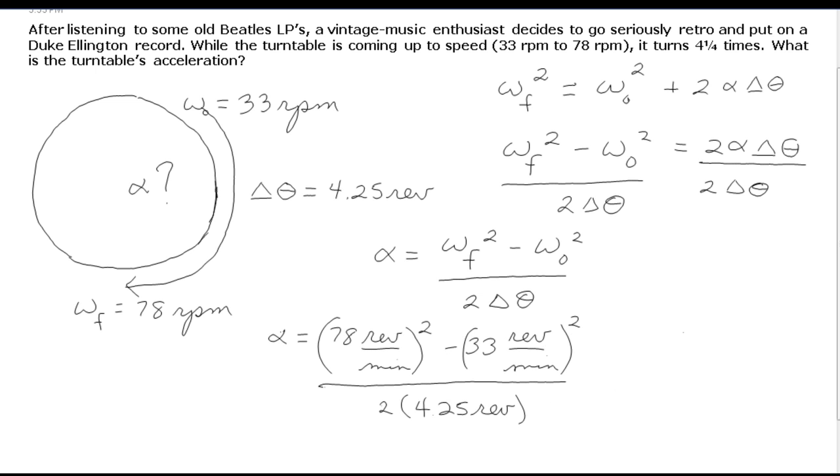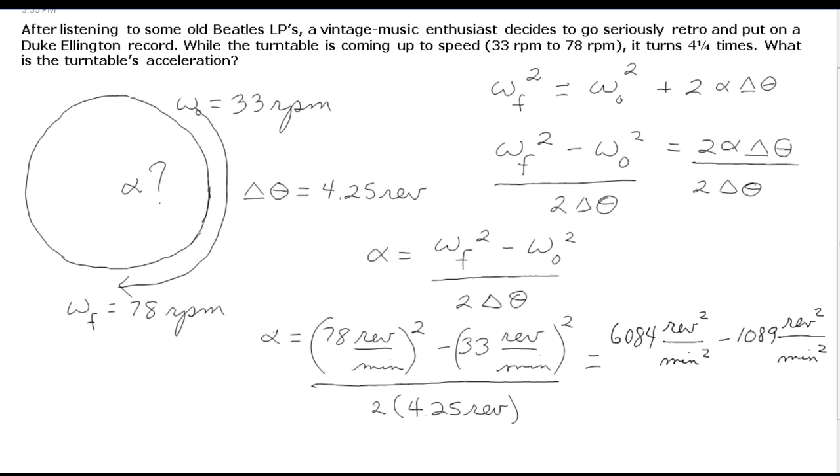I've shifted this over to give me a little more working room. 78 squared is 6,084 with a unit of revolutions squared divided by minute squared. And then we're subtracting 33 squared, which is 1,089 revolutions squared per minute squared.